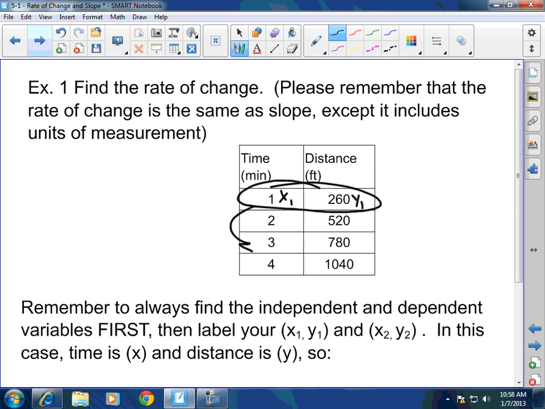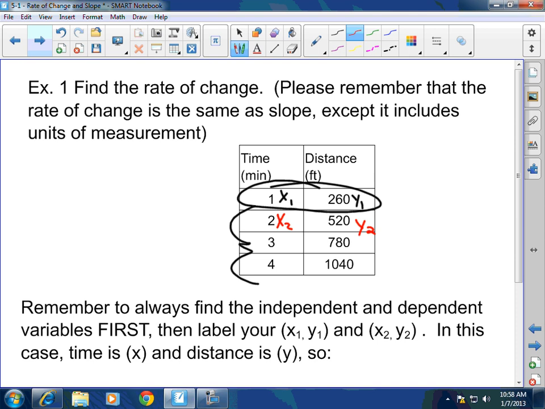Any of these other points can be called x2, y2. Which ones do you guys want to choose? Because I don't care. Okay? So this is x2, y2. So first thing, whenever you're given a relation or a set of ordered pairs, first label your x1, y1, x2, y2. It doesn't really matter which you choose.